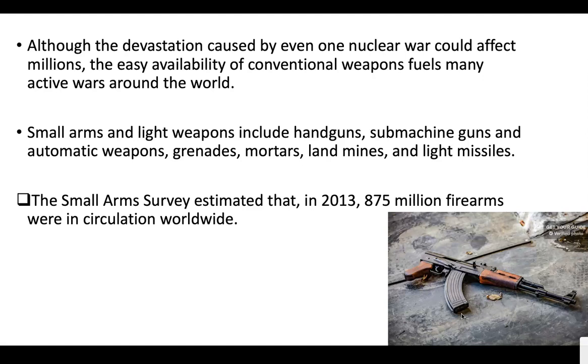There are different powers, and they have different weaponry and different interests. It's not neatly divided between American capitalism and democracy, and Soviet communism. So we see a lot of the conflict today is actually taking place with small arms and light weapons, such as automatic weapons, submachine guns, grenades, that sort of thing. Lots of weapons in the world.